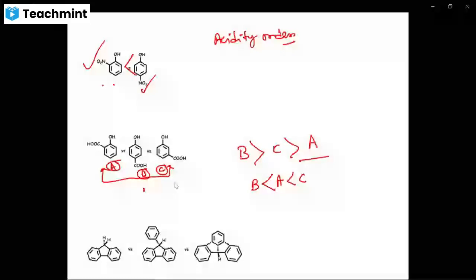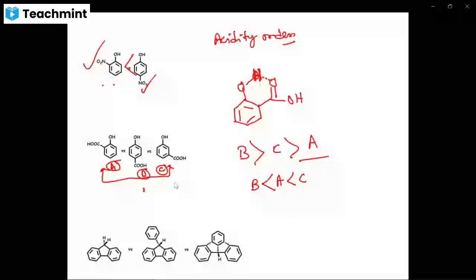You have to consider the hydrogen bonding also. So for molecule A, the hydrogen bonding is present in the undissociated structure like this. So there is one hydrogen bonding. Sorry, this is H. So this is the hydrogen bonding, right?